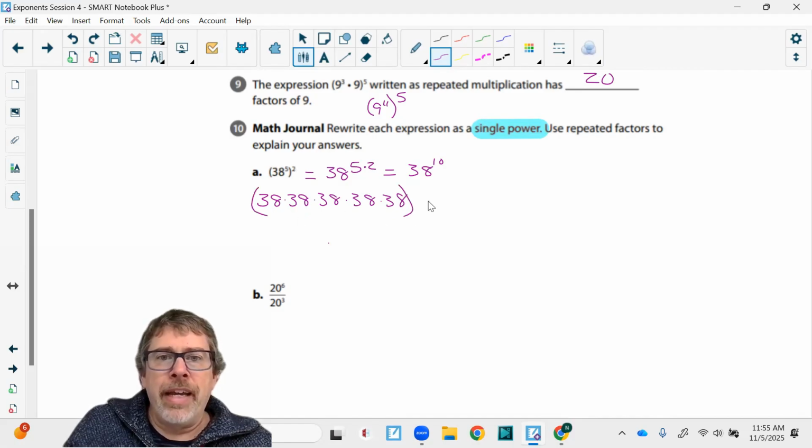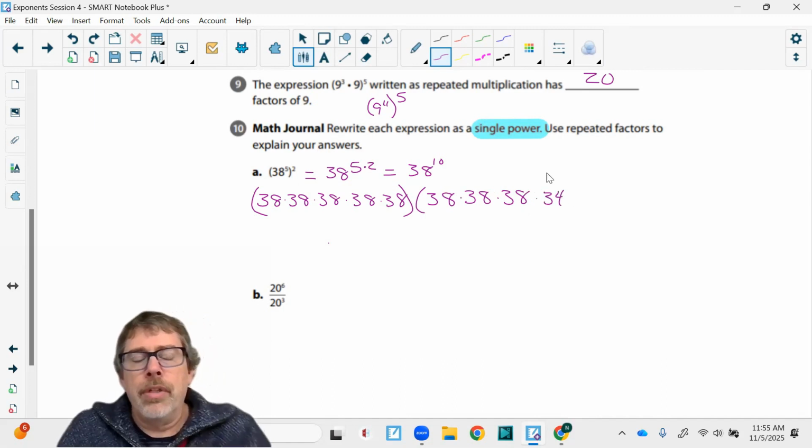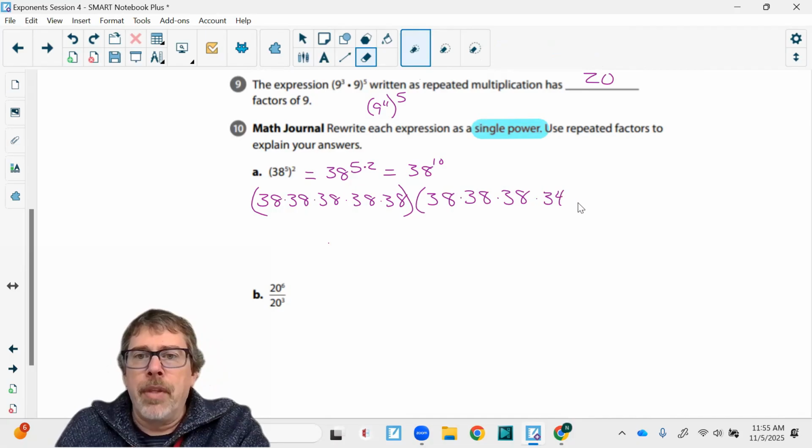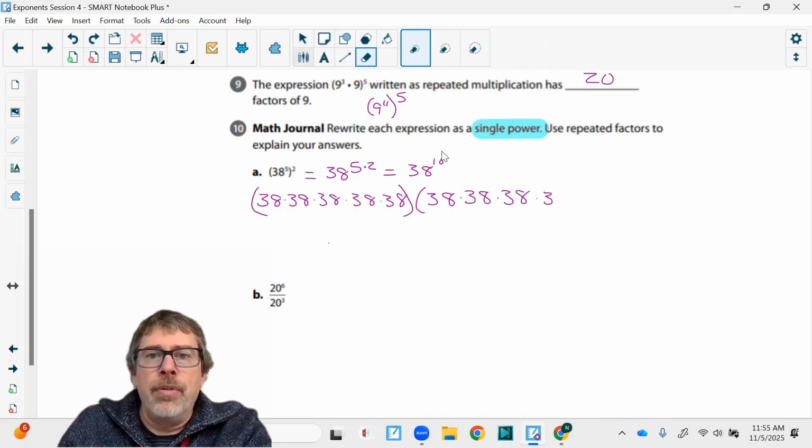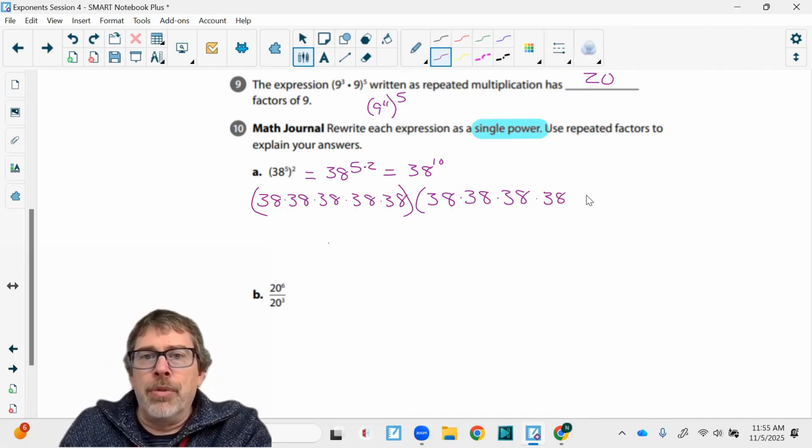And then squaring that means to do another parentheses of the same size. 1, 2, 3, 4, and one more, 38. Whoops, I said 4 wanting to write 5, but wrote 4. So 5 twice is 10.